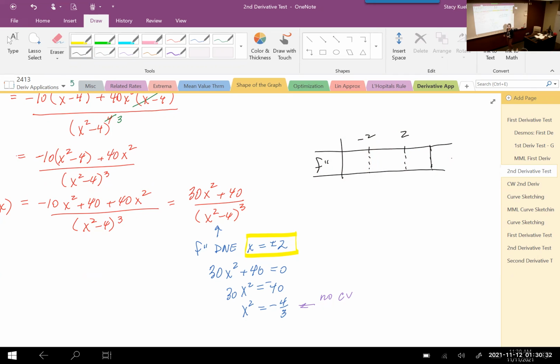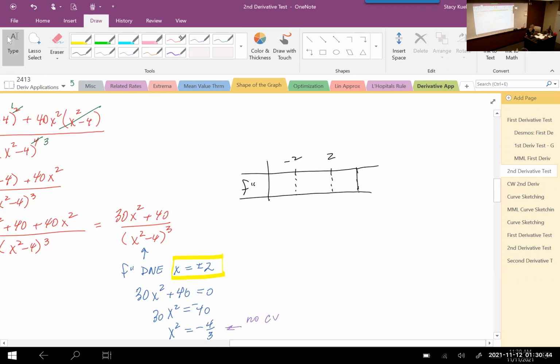Tell me if the function is positive or negative. Tell me if the second derivative is positive or negative. To the left of -2 is positive, okay, so we're positive.